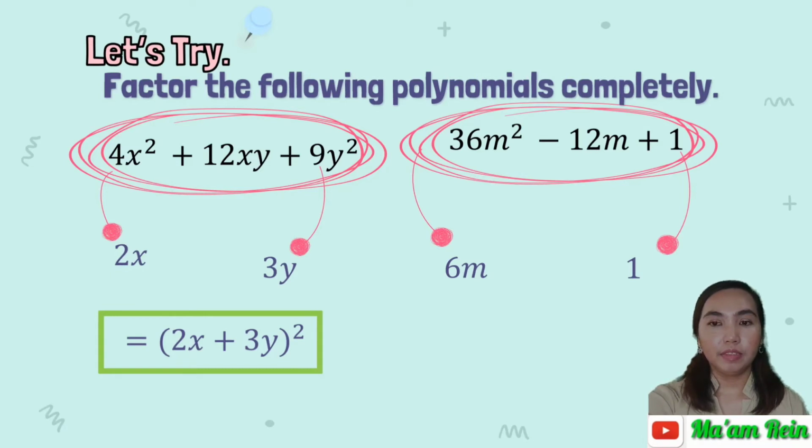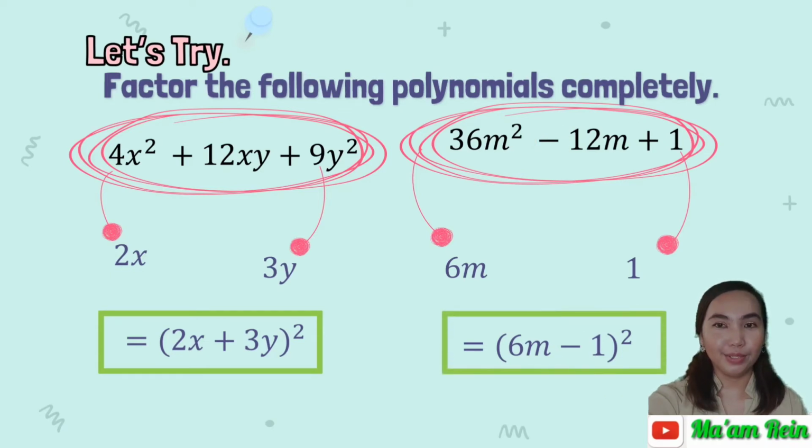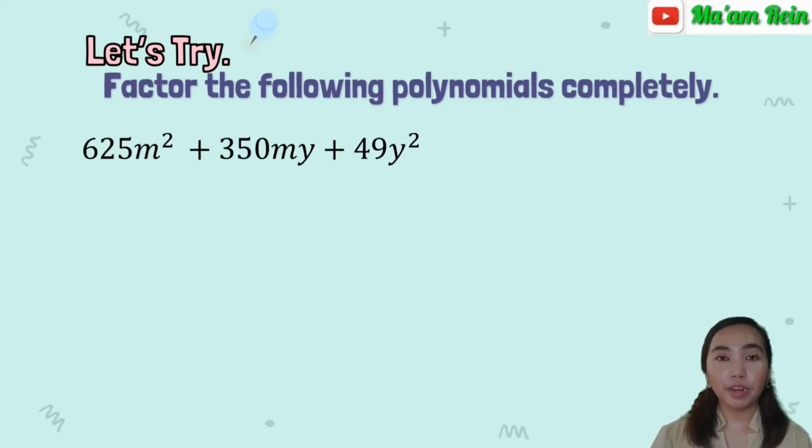Lagay na natin sa parenthesis. So that will be 6m minus 1 squared. So, kung mapapansin nyo, ang sign ng middle term ng perfect square trinomial ay minus, kaya ang sagot niya ay dapat din ay minus.